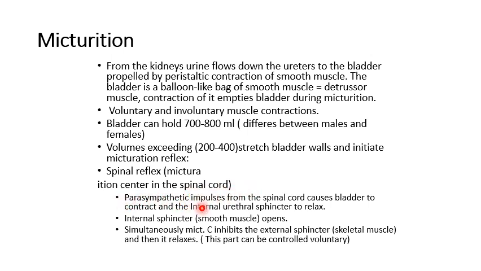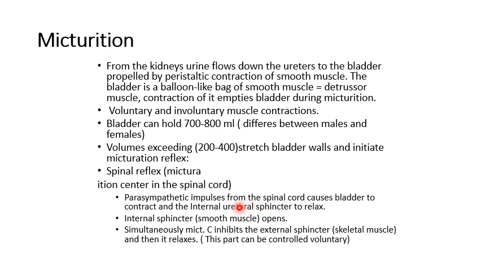It's a spinal reflex where the micturition center is mainly in the spinal cord. There are parasympathetic impulses running from the spinal cord that will cause the urinary bladder to contract لما المicturition يبدأ, and also it will cause the internal urethral sphincter to relax. إنه في الوضع الطبيعي the internal and external urethral sphincters are going to have tonic contraction at rest.